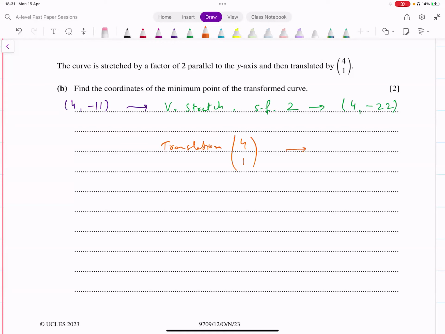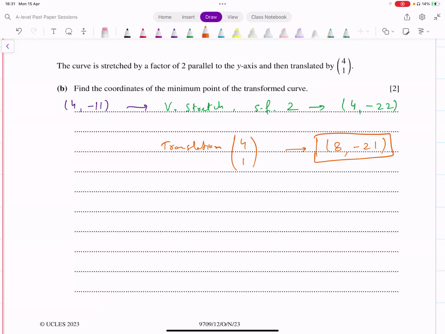So what do you get from that? 4 plus 4, because it moves 4 units to the right. That gives you 8. Minus 22 plus 1, because it's going to move 1 unit up. What does that give you? That gives you minus 21. This is going to be the final result that you get.